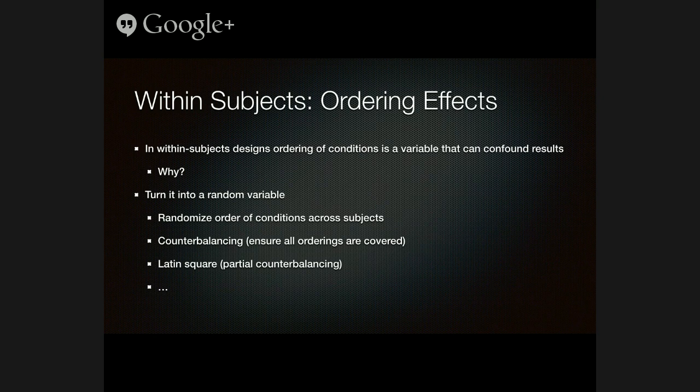Just to say one word about counterbalancing, this is when you take a random variable and you force it to be random. So if you have 10 left-handed participants and 10 right-handed participants in your study, you split them evenly between the two populations, 5 and 5, instead of hoping that randomness takes care of that for you. So that's a counterbalanced variable.